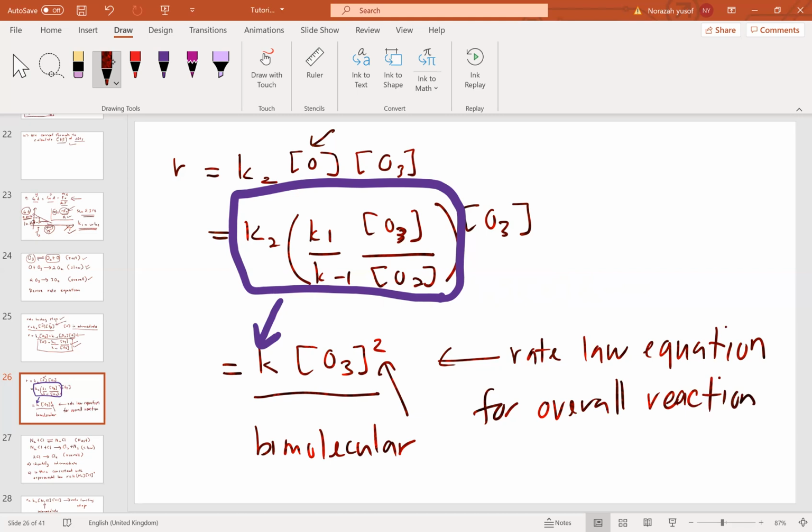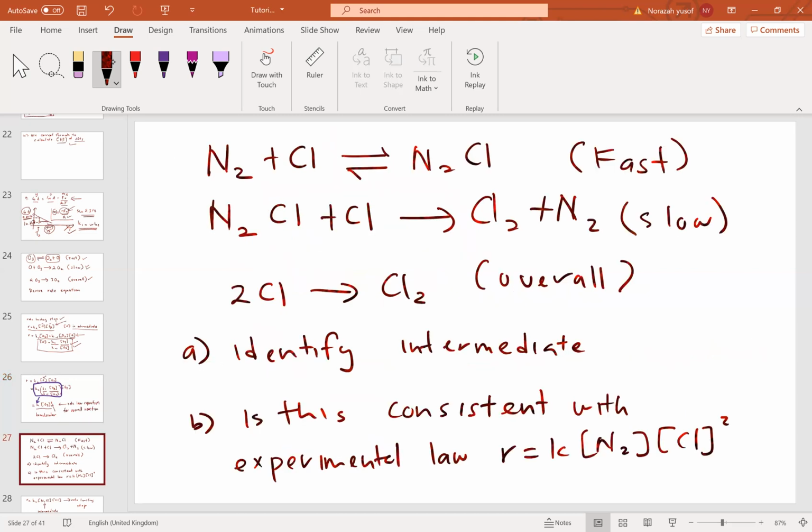Okay. Now let's look at the next question. If you refer to the tutorial again that we discussed during the kinetics, but we didn't solve it. We have nitrogen plus chlorine, and we have a reversible reaction forming N2Cl.